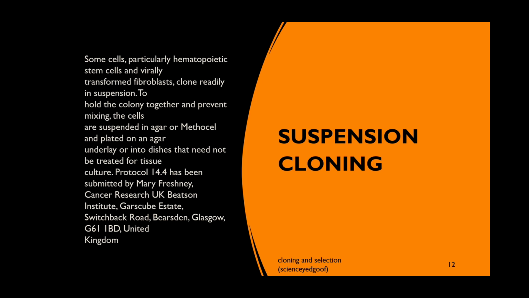To hold the colony together and prevent mixing, because a suspension is in liquid form, so it keeps moving, we'll be using a layer of agar, or we can also use methocel plated on the agar like an underlay under the dishes, so that it is easy for you to take the clones out. So we'll be looking at how you can make this agar and how the methocel is made for suspension cloning.